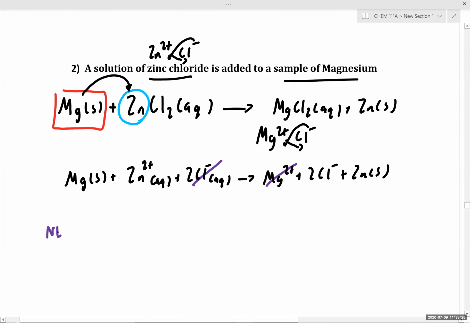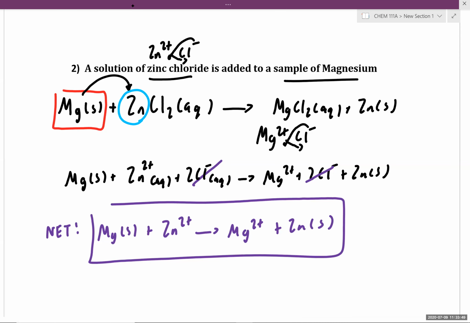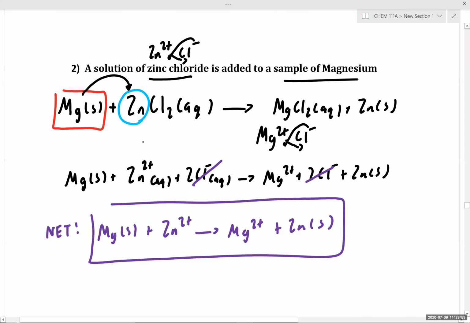And that gives us, as a net ionic equation, magnesium solid plus zinc 2 plus leads to magnesium 2 plus plus zinc solid. And that's our complete net ionic equation. Is everyone feeling a little more comfortable with the mechanics of predicting reactions?